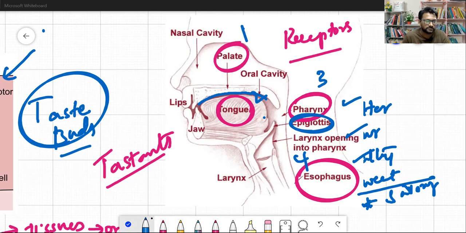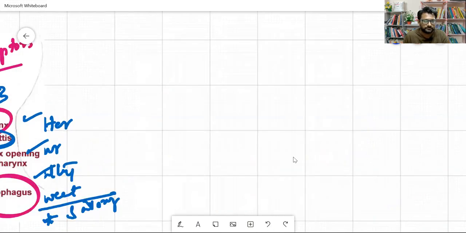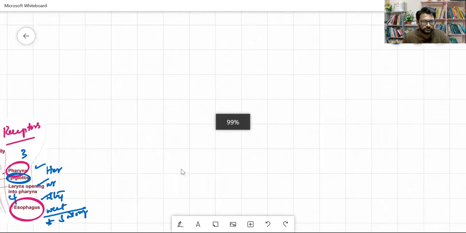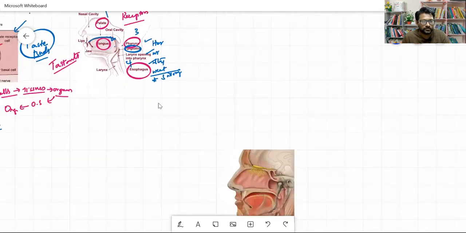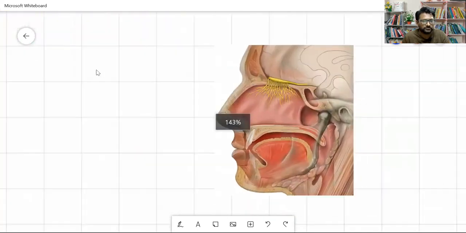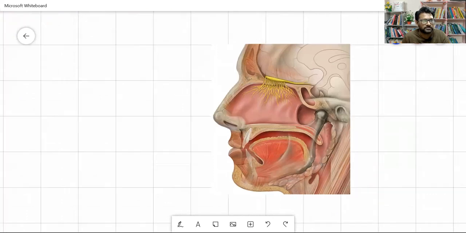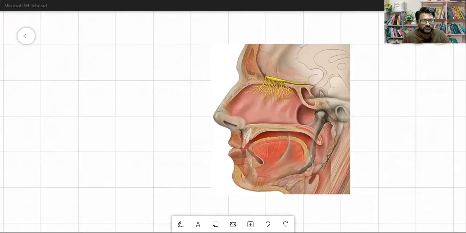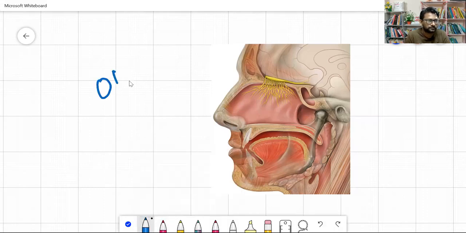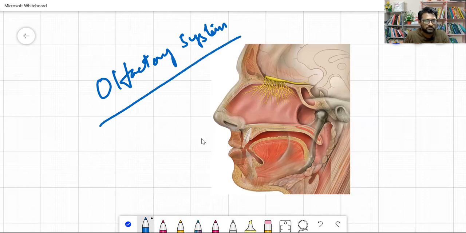Next one is olfaction. Olfactory lobes or olfaction, we call it the olfactory system, which helps in smelling, which helps to perceive smells.